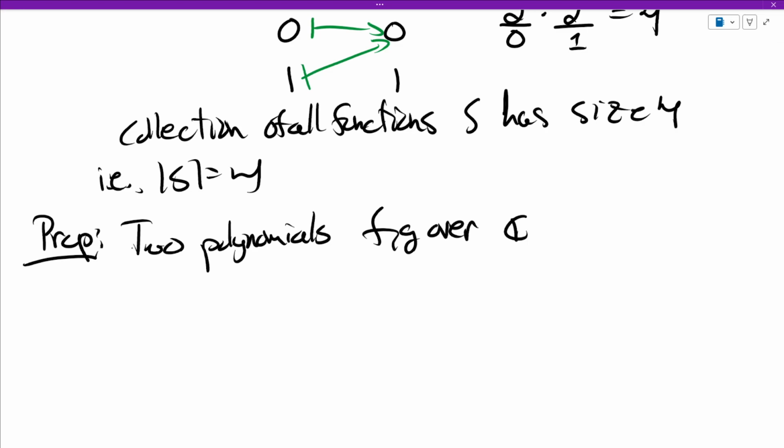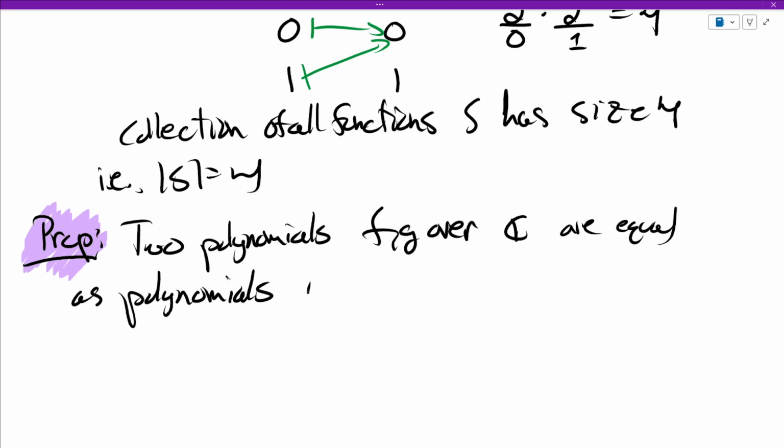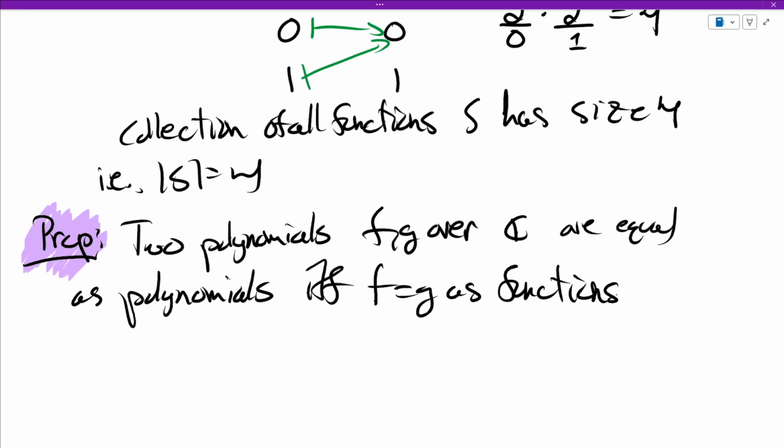So two polynomials over C are equal as polynomials if and only if they're equal as polynomial functions from C to C.